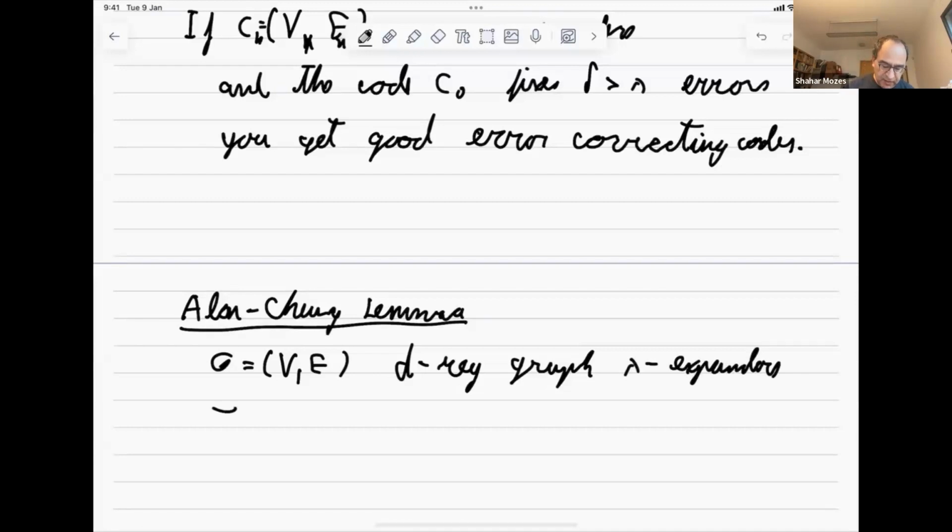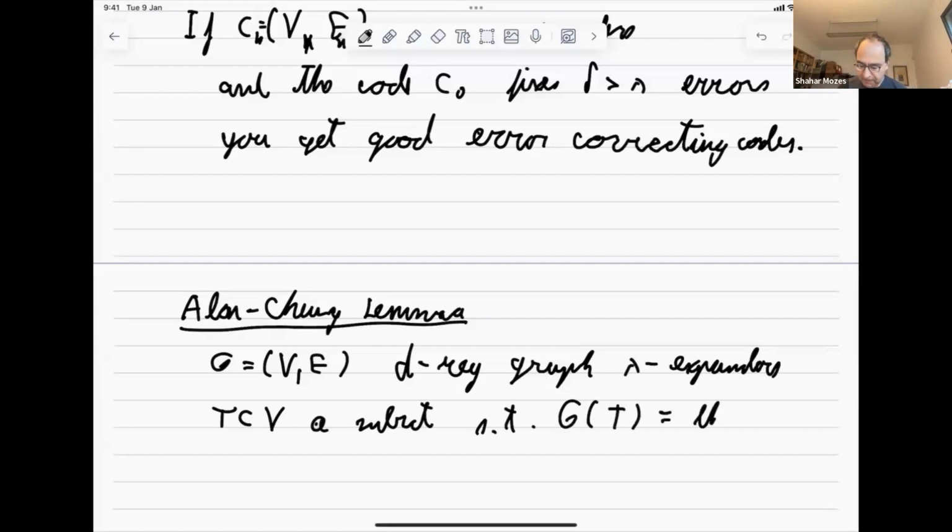And suppose you have a subset T of the vertices V, so that if you look at G_T, this is the induced graph. So this is just a collection of vertices, and you look at all the edges in the graph which connect vertices from T. So this is the induced graph.